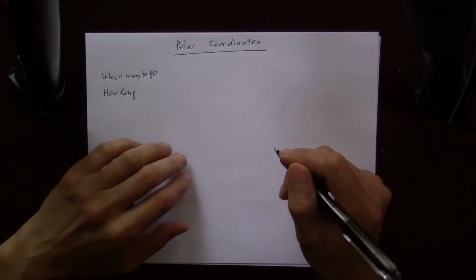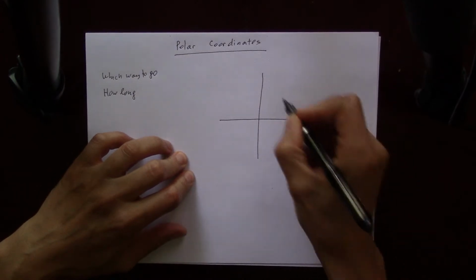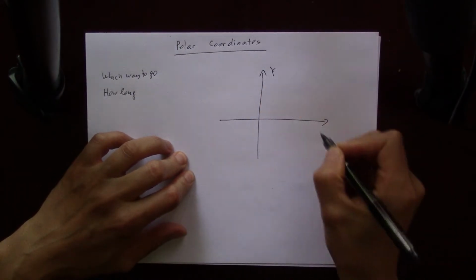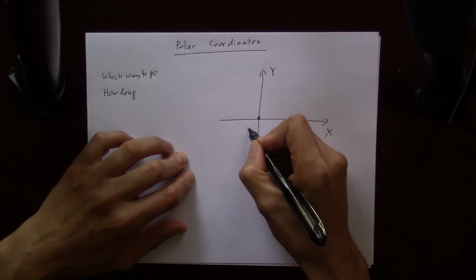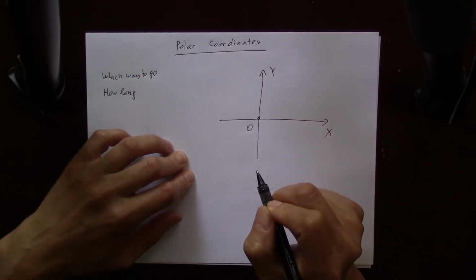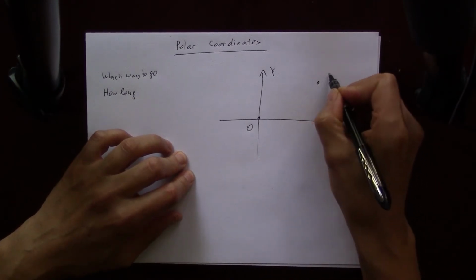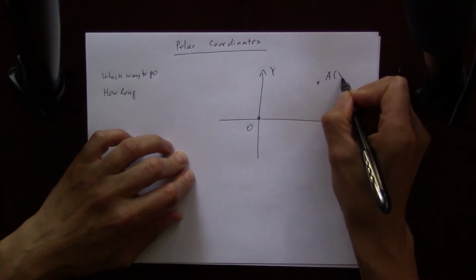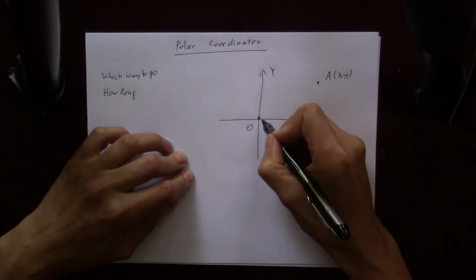So let's pretend we are on the xy plane, and we are standing at the origin. And we need to give a direction how to get from origin to point A, located somewhere on that xy plane.